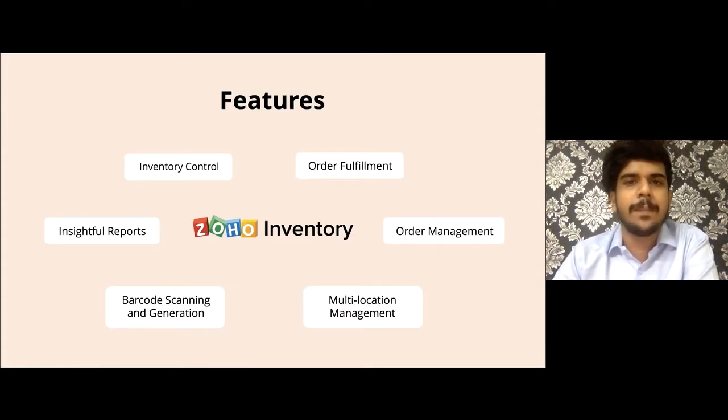If you maintain your stock across different locations, then using the multi-location feature within our application, you're able to manage your stock across these different locations. Zoho Inventory also has the barcode scanning and barcode generation feature, and it also provides you insightful reports for you to make the best decisions for your business.